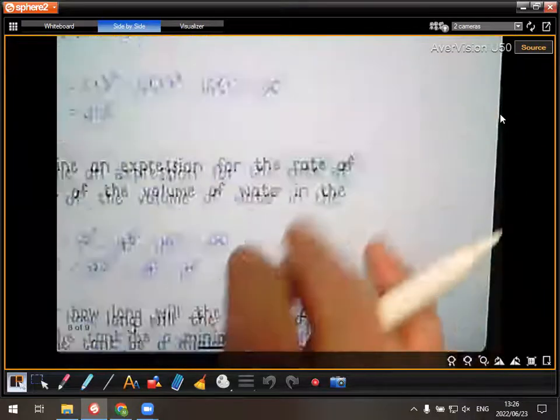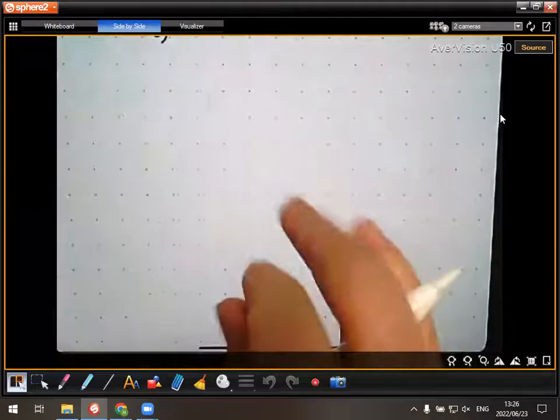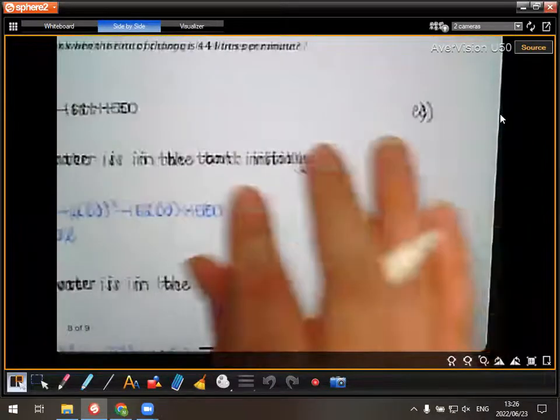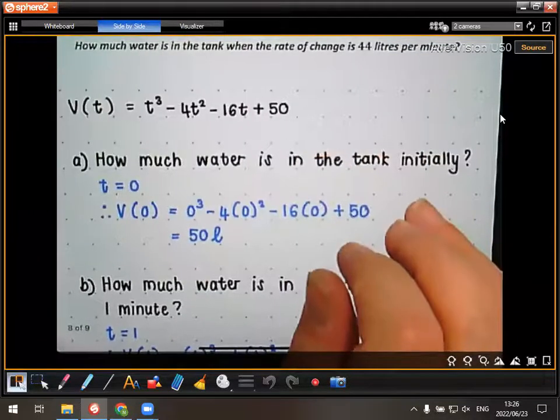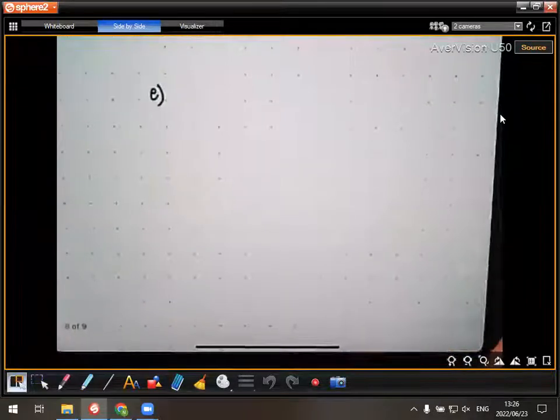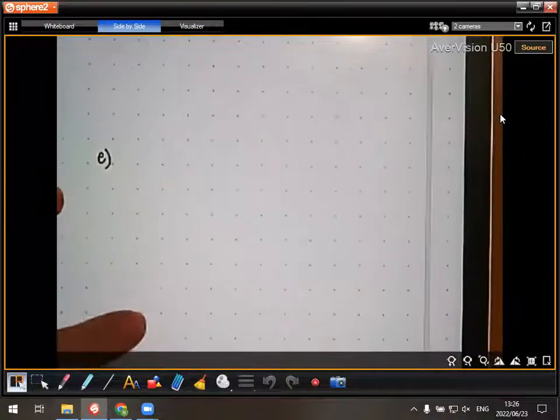Okay, E, are we fine? Can we write down E? I can't remember what the question was. How much water is in the tank when the rate of change is 44 liters per minute? Okay, let's write that down quickly.